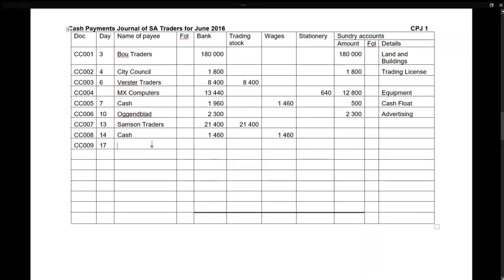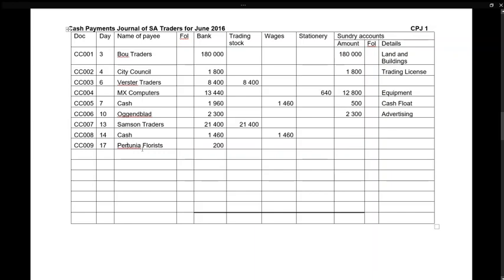17th. Who did we pay this money to? Petunia Florist, and the amount we paid them was 200 Rand. Petunia.